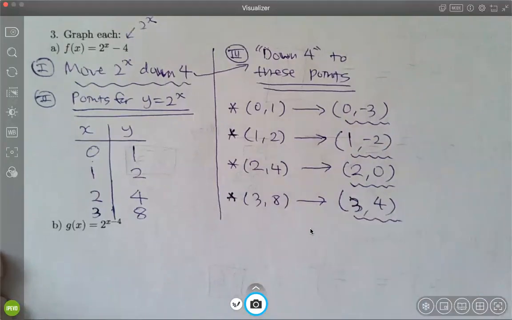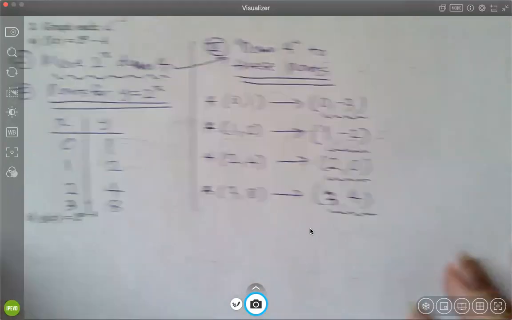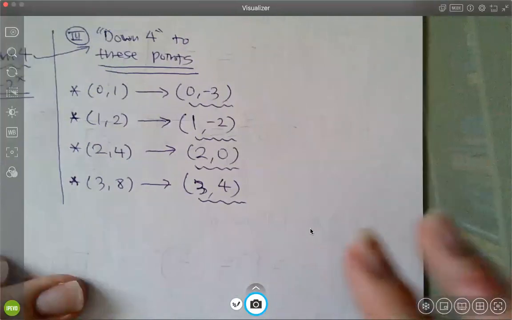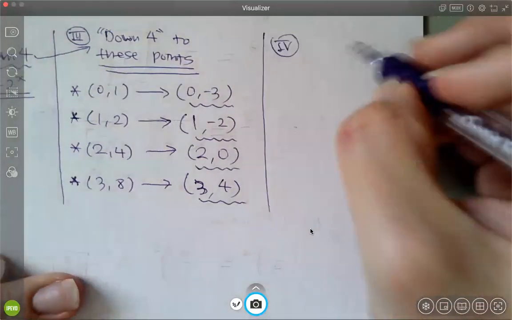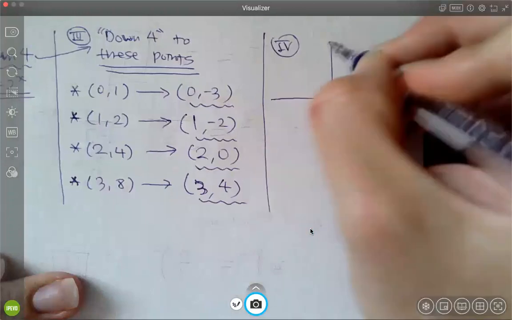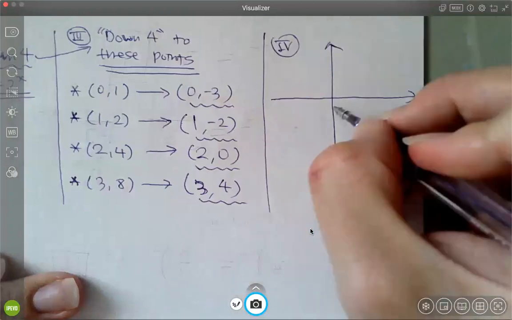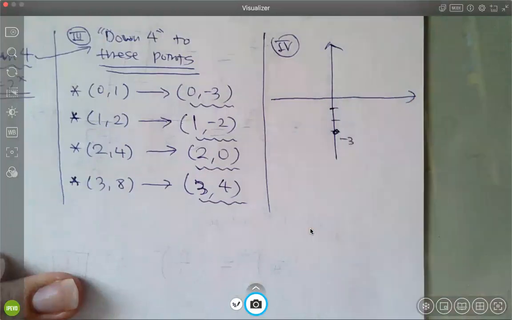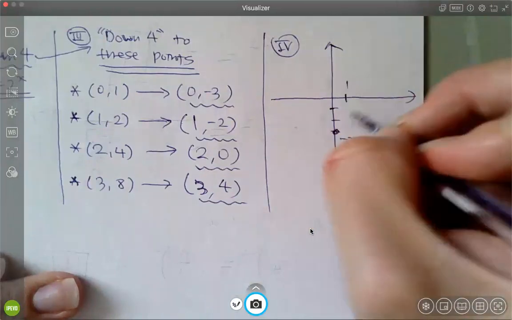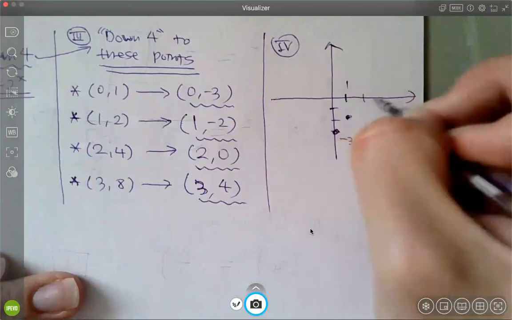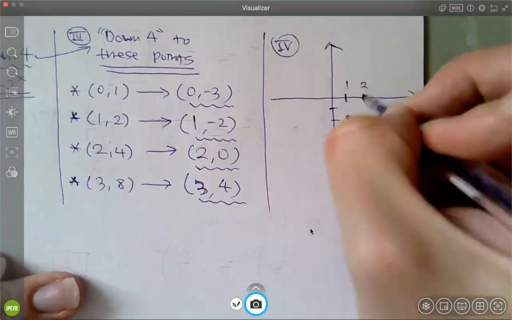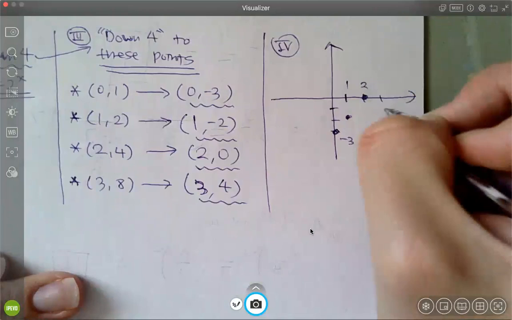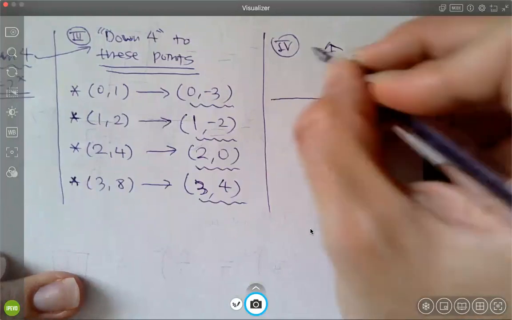Okay, so how does the graph look? So the graph looks like, so 0, negative 3, so that's here. And then 1, negative 2, so that's here. And then 2, 0 is here. And then 3, 4 will be way up there, right?